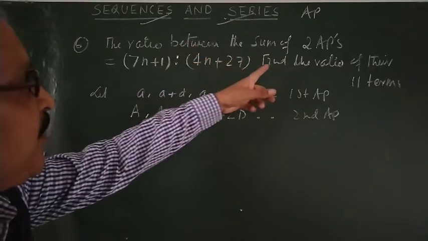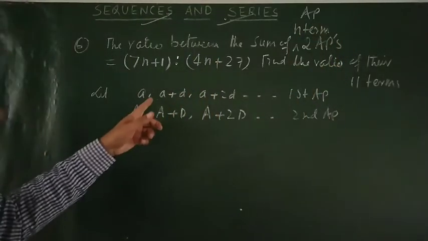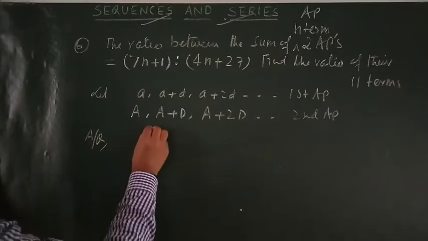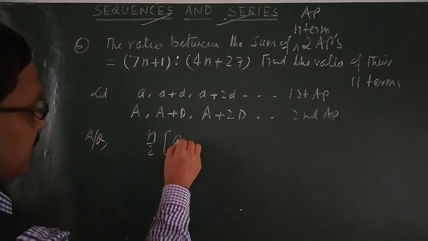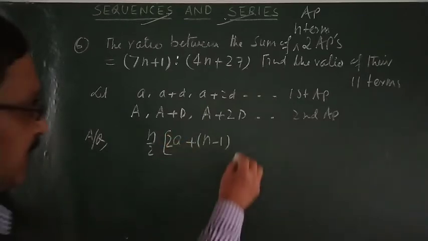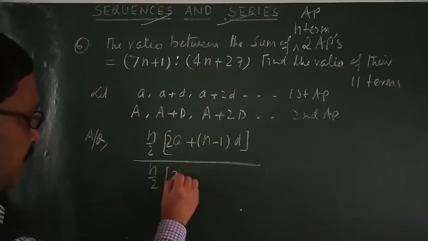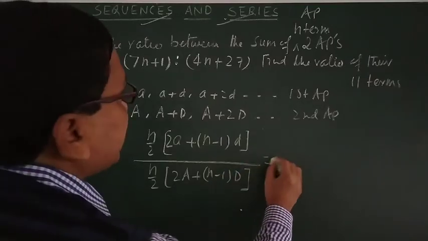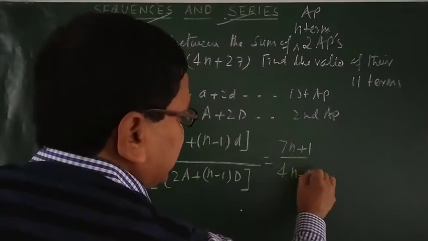The ratio between the sum of n terms: the sum of n terms of the first AP is n by 2 into (2a plus (n minus 1) d), divided by the second AP, n by 2 into (2 capital A plus (n minus 1) capital D). So this is given already as 7n plus 1 by 4n plus 27.